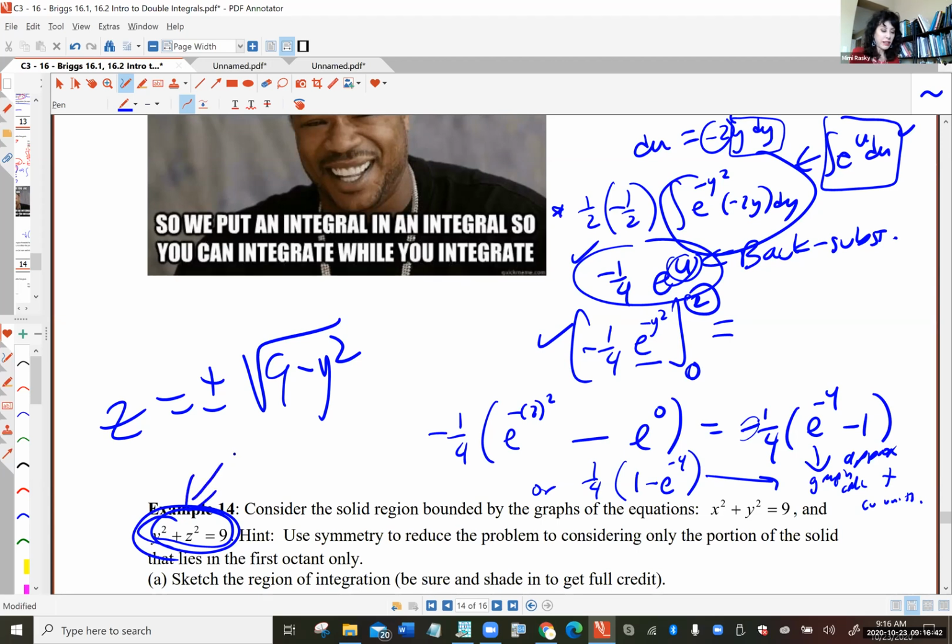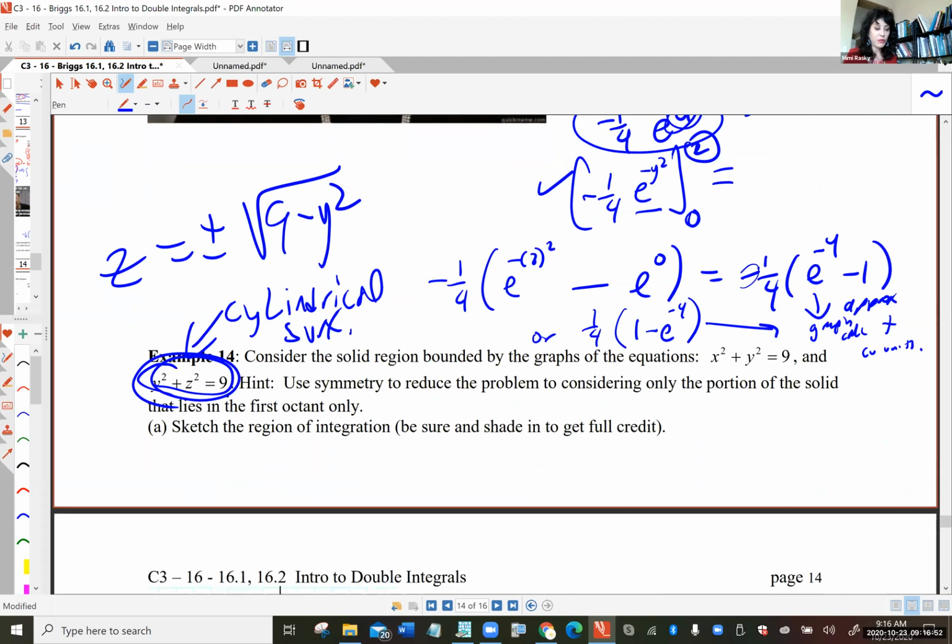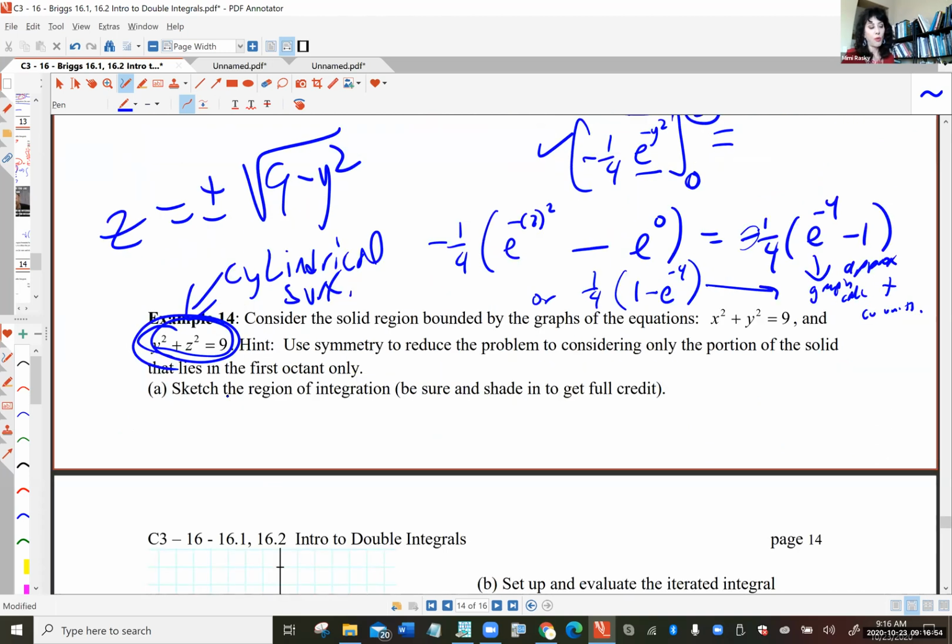Do you guys recognize this as a cylindrical surface from like 2 months ago? Does everybody remember this? And you should, because I claim everybody in this room, if I gave a pop quiz, which I'm not, don't worry, should be able to sketch that 3D solid. So what do I mean?